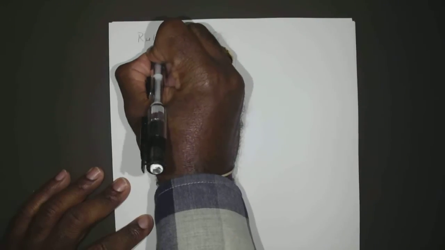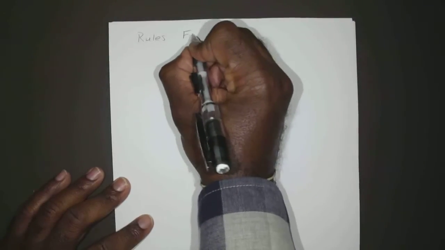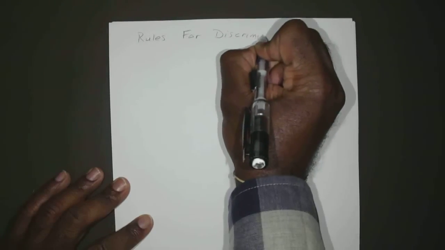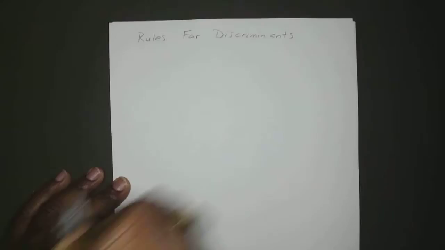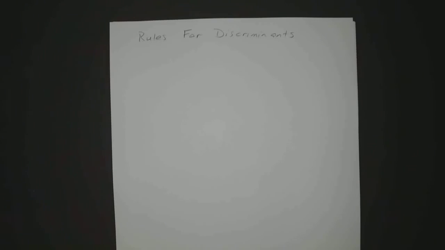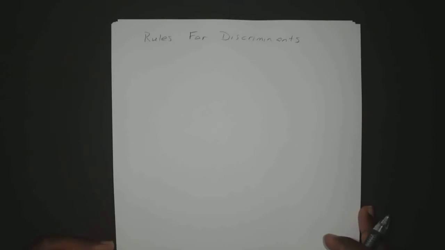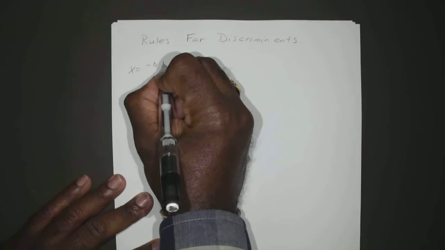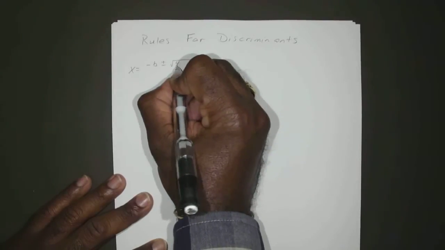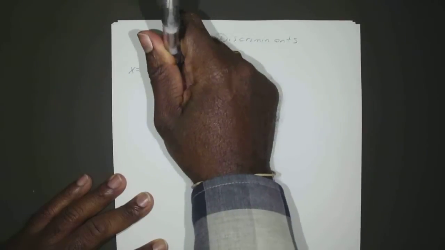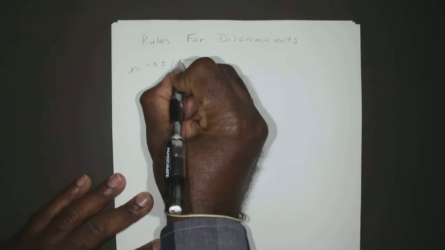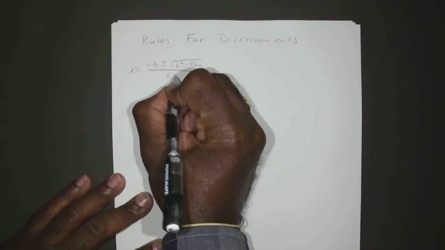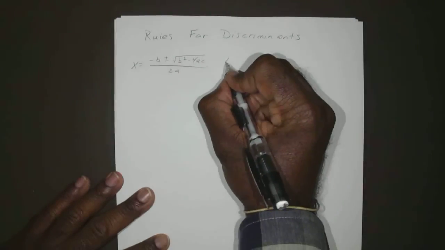Okay, so now we're going to look at the rules for discriminants. Okay, so we already know that x equals negative b plus or minus the square root of b squared minus 4ac all over 2a is your quadratic formula.